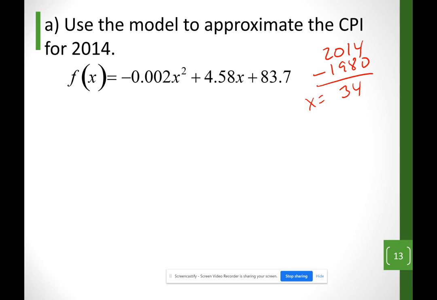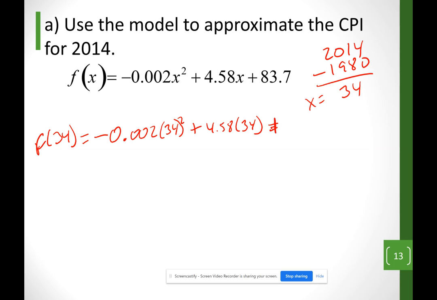We're going to call this f of 34, which is equal to negative 0.002 times 34 squared plus 4.58 times 34 plus 83.7.